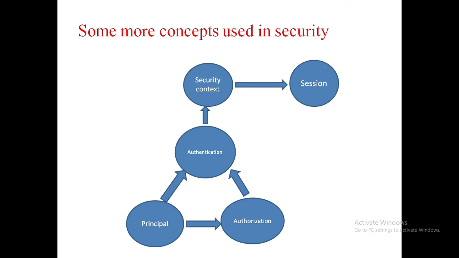Here are some more concepts we are going to use for this authentication purpose. We are going to use the authentication manager in Spring Security, right? Then for getting this authorization detail, we are going to call our user detail service from Spring Security. You get two new names here.